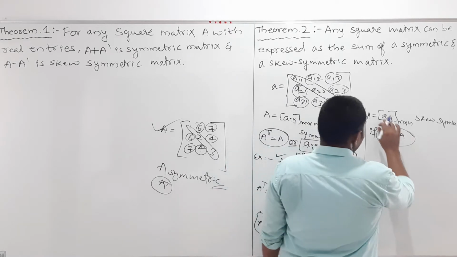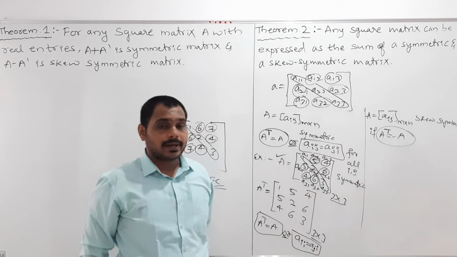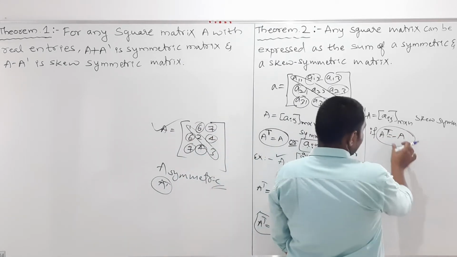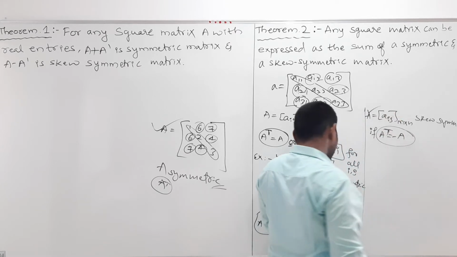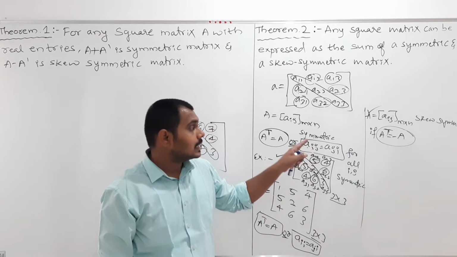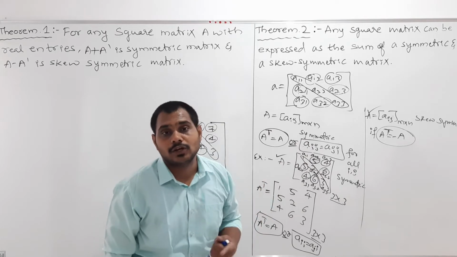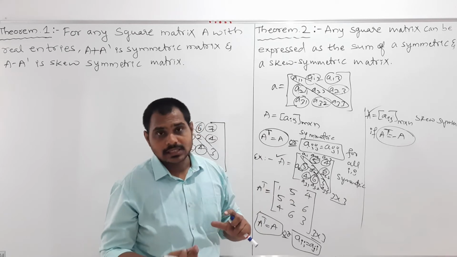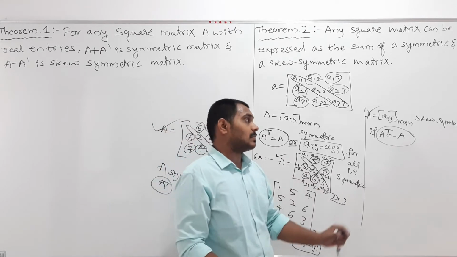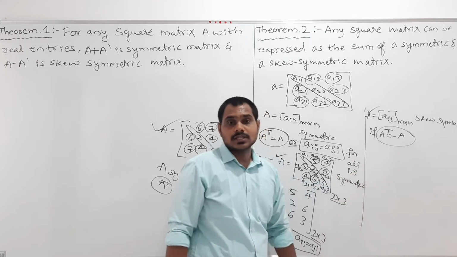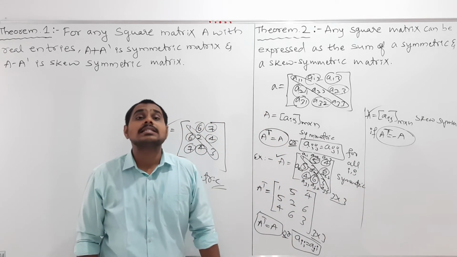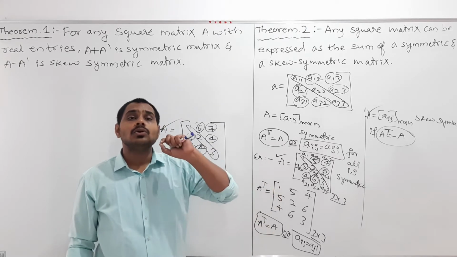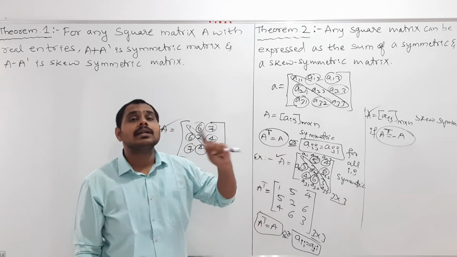So my dear students, any matrix A is said to be skew symmetric if A transpose is equal to minus A. If this condition satisfies, then we can say that A is a skew symmetric matrix. This also I discussed in the previous videos. Clear? Just I am recalling the things, and also I am giving you the knowledge of how to write the examples directly for the skew symmetric and for the symmetric matrix, without discussing the A transpose, how to decide whether the given matrix is symmetric or not.